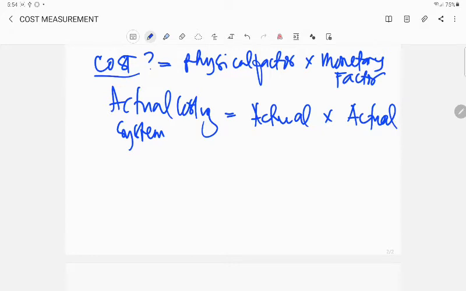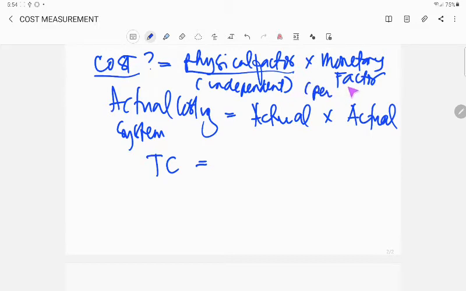Total cost is equal to, remember, the physical factor is normally the independent, and the monetary factor is reflected per cost object.